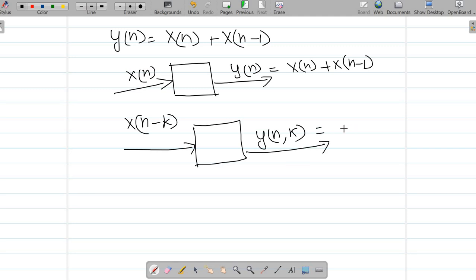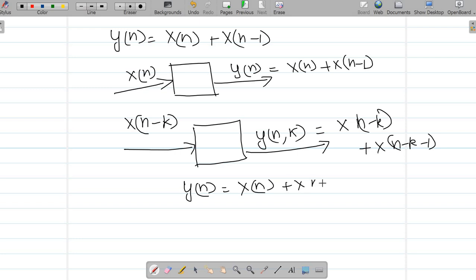So this will be x of n minus k plus x of n minus k minus 1. Now I have to take y of n, which is x of n plus x of n minus 1, and do a time shift by k units.